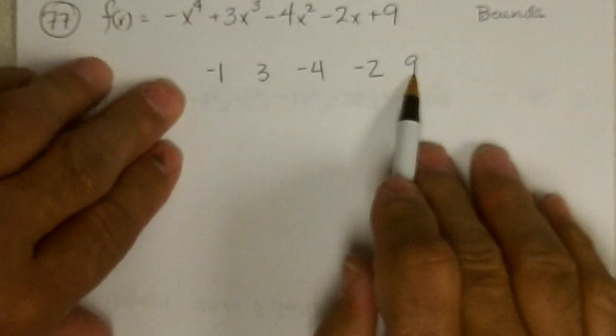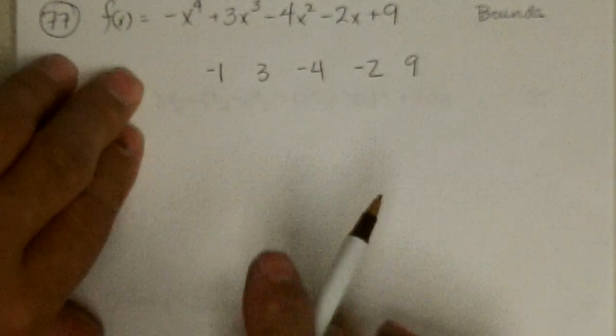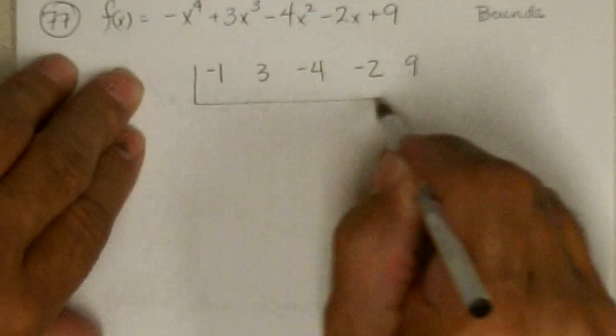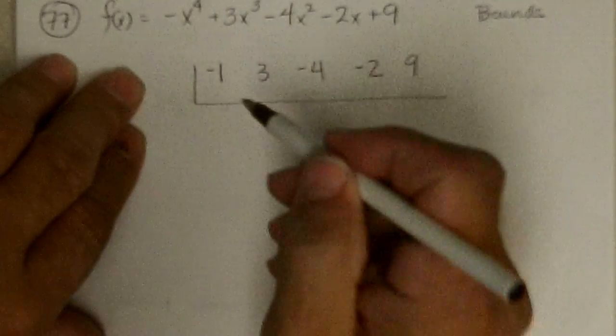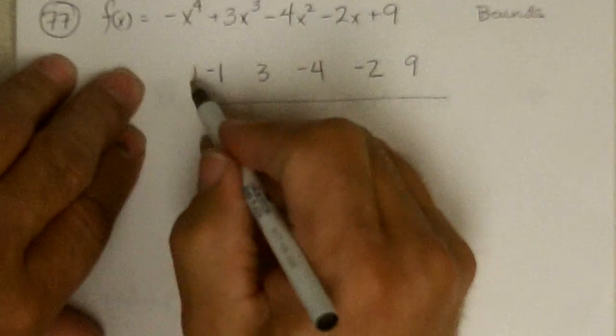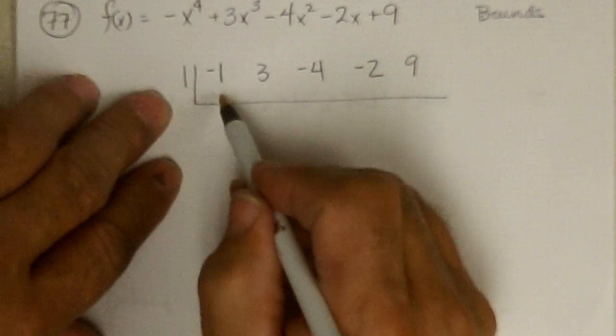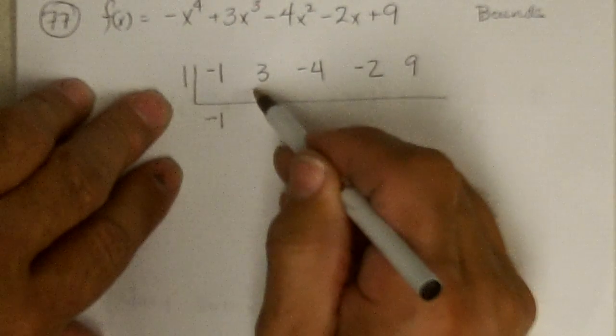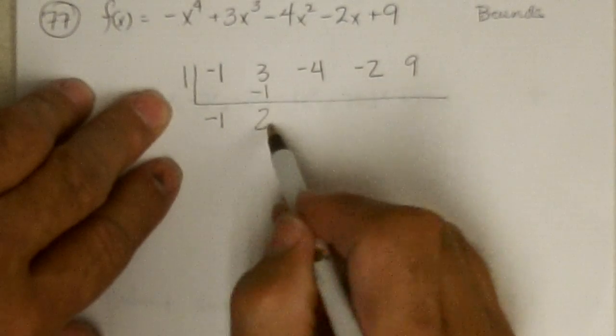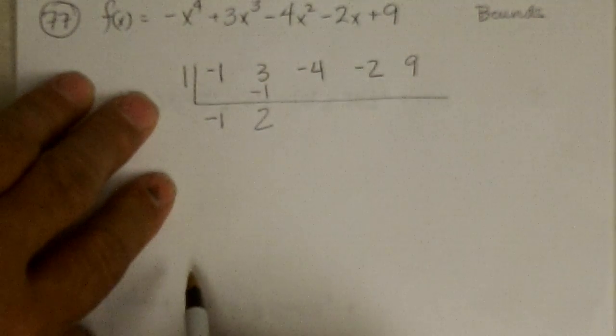The signs change, so I've not reached the upper bound. So I'm going to start moving up, and it has to be factors of 9 over factors of 1. So it could be 1 over 1. So I'll put 1. Minus 1 times 1 is minus 1. This is plus 2. The signs change, not the upper bound.